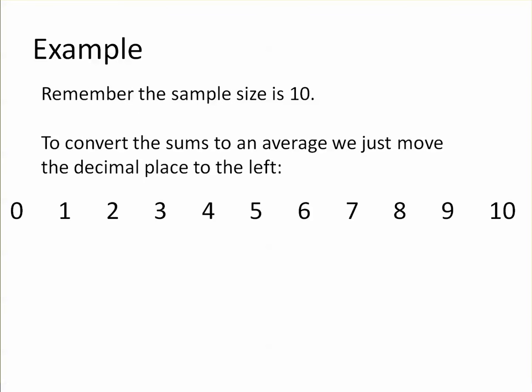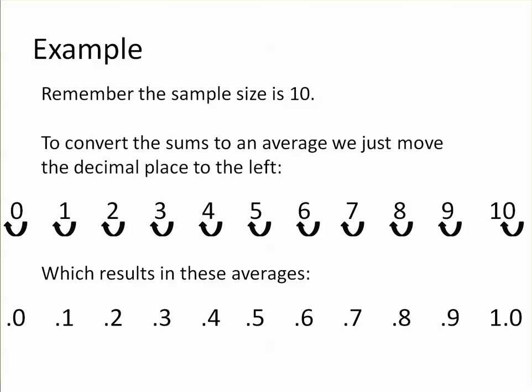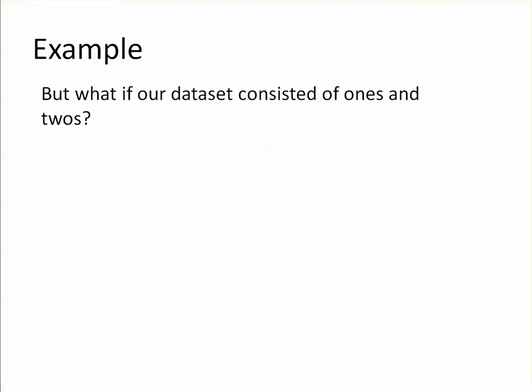And then when you take the average, you have to remember we had 10 values. So all we have to do is move the decimal place 1 to the left in this case, which results in these averages. And one thing you might notice is that we have a repeat here and here of a decimal place value.